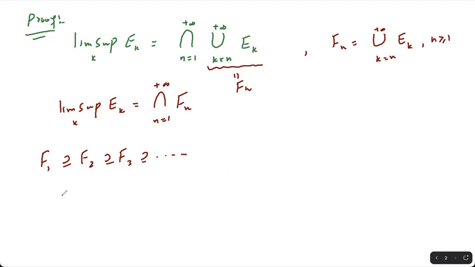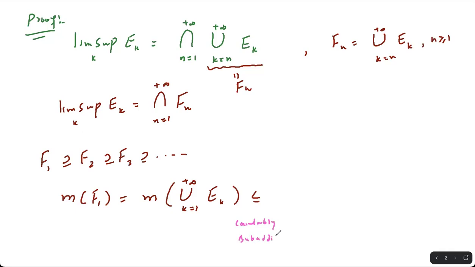And the Lebesgue measure of F1 is equal to the Lebesgue measure of the union for k is equal to 1 to plus infinity of Ek, and this is less than or equal to, by using the countable subadditivity, summation k is equal to 1 to plus infinity of measure of Ek.